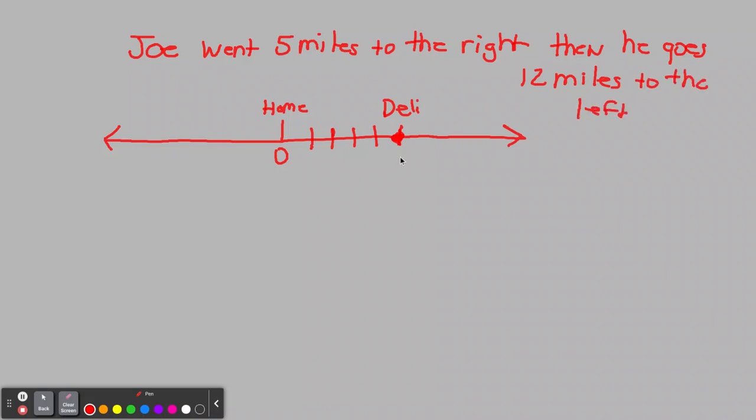He's going 12 miles to the left. So from here at the deli, he has to go this way. And 12 miles plus the 5, it means he'll be over here, 1, 2, 3, 4, 5, 6, 7. He'll be at -7 over here.